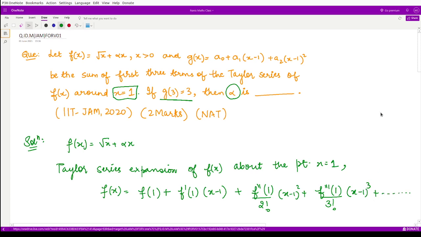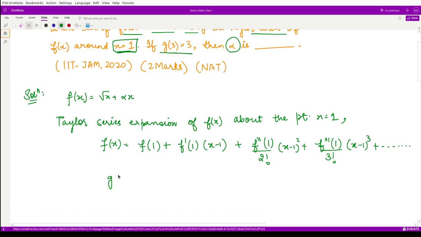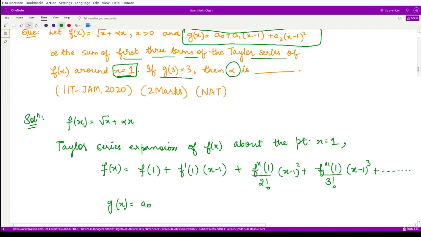Now if you compare this Taylor series with the given term, they are saying this g(x) represents the first three terms of the Taylor series of the function f(x) about the point x is equal to 1. So accordingly, g(x) is a0 plus a1 into (x minus 1) plus a2 into (x minus 1) whole square.